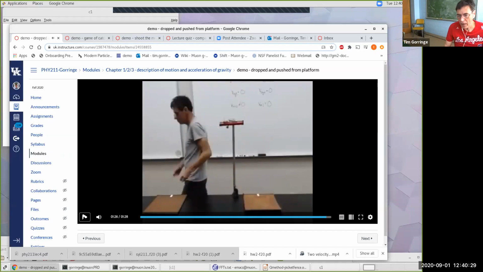Okay, so I hope you agree that I've dropped one metal ball, the one on the right, and thrown a second metal ball, the one on the left, and they followed very different paths. One was one-dimensional, straight line, falling body motion.